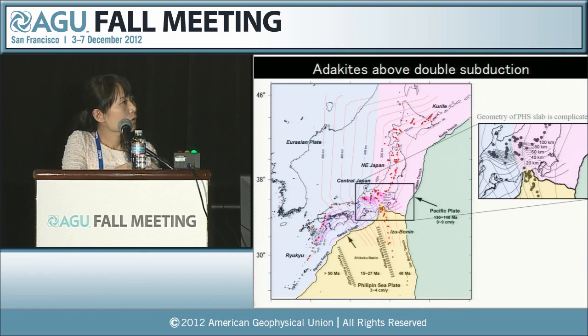I'm from Tokyo here, in central Japan, where two oceanic plates subduct beneath the Eurasian plate and North American plate. The Pacific plate subducts from east, and Philippine Sea plate subducts from south, with a shallow dipping angle, and overlaps the subducted Pacific plate.